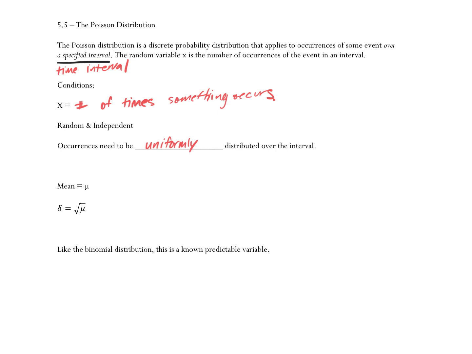Is everybody good? Okay. The Poisson distribution is described, as I said, as on average you get 10 people an hour. So you're going to be given the average, and the mean of the Poisson distribution is the average. The standard deviation is usually the square root of that average.